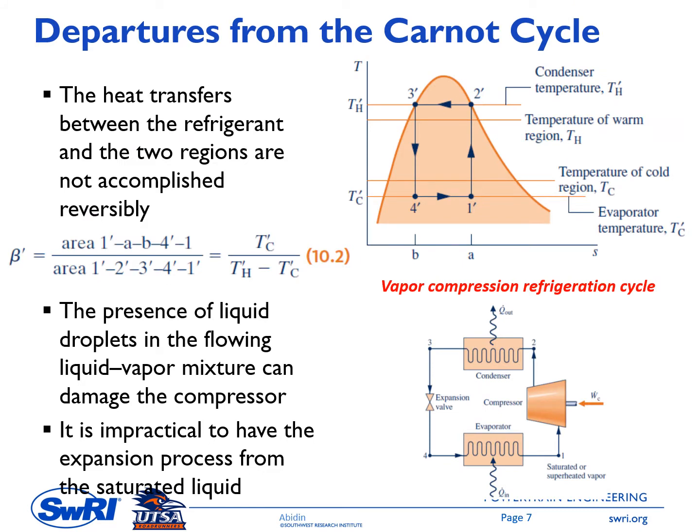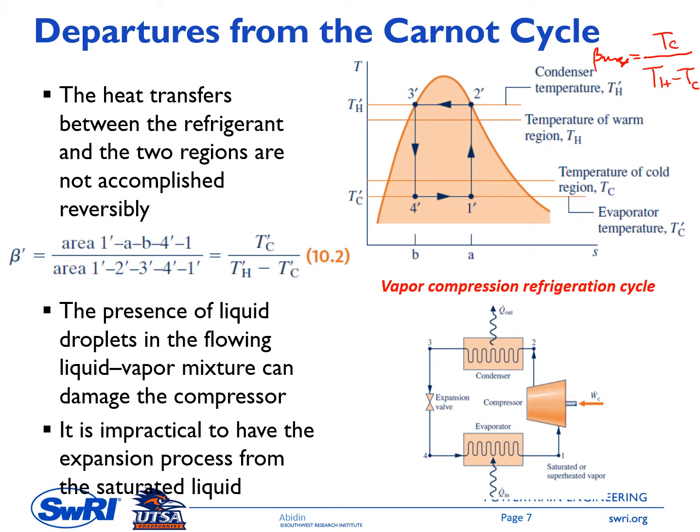We have looked at the ideal Carnot cycle of this refrigeration system. Now we are looking at the departures from the Carnot cycle. Let me write down the formula of beta max again: beta max equals TC over TH minus TC.